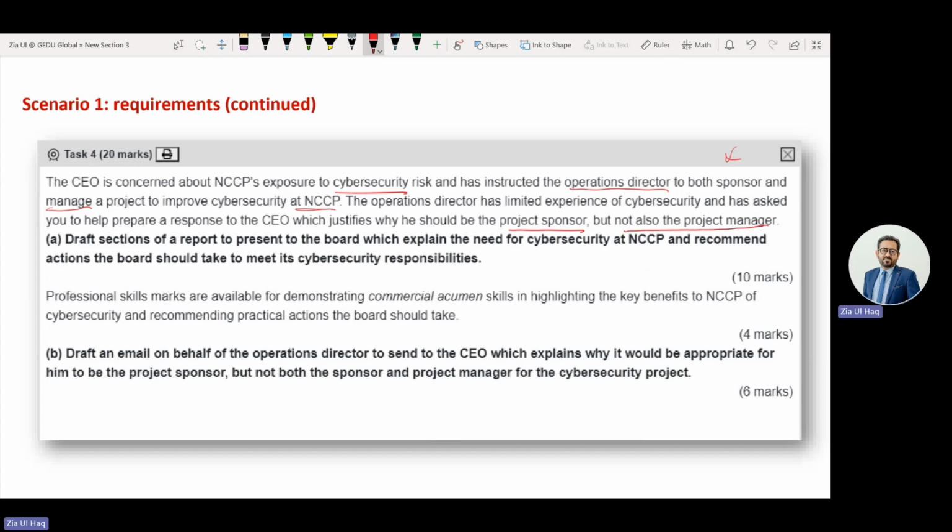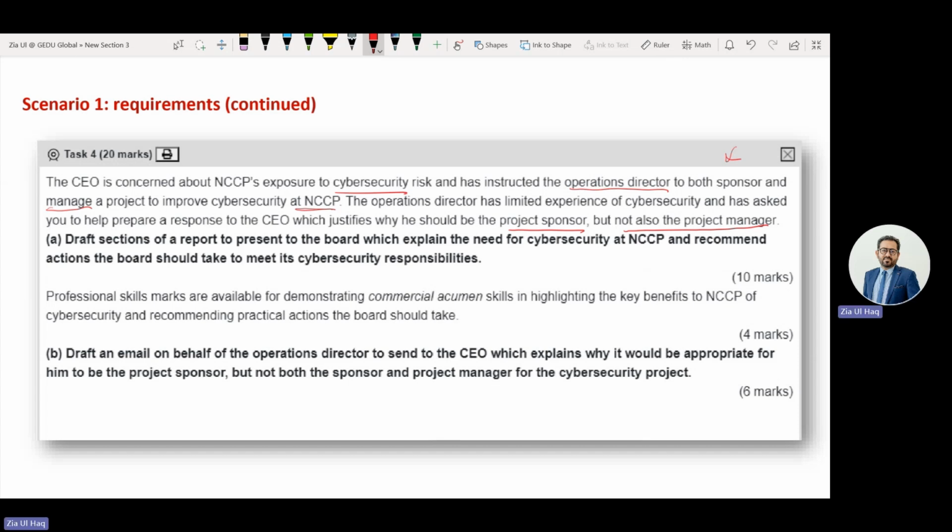He wants to convince the CEO: sir, please make me project sponsor, but not the manager. Why? Maybe because he doesn't have the IT skills, because to manage the project you need competence relating to the IT field.